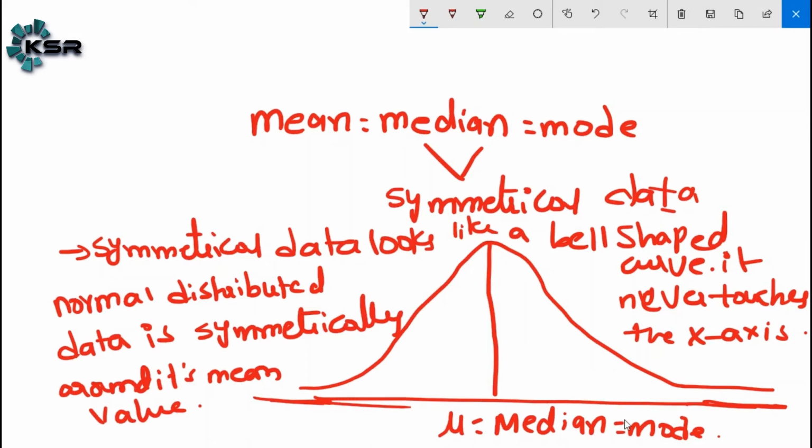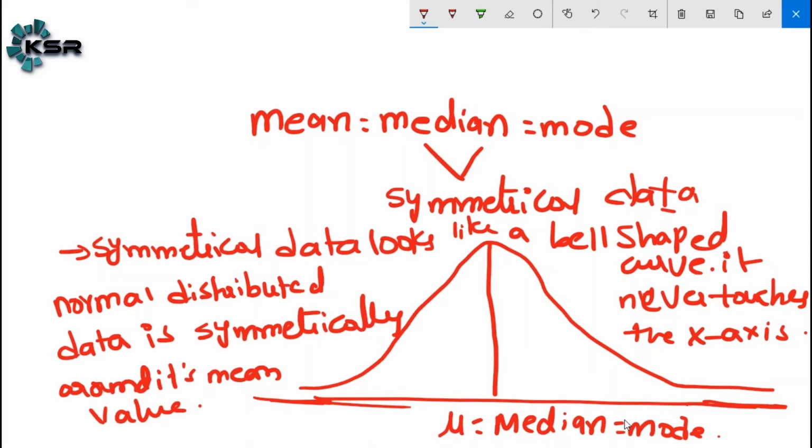That is the x-axis. What do you mean by symmetrical data? Mean is equal to median is equal to mode. That is the meaning of symmetrical data. Normally distributed data is symmetrical around its mean value, it can be the median value also, it can be the mode value also.